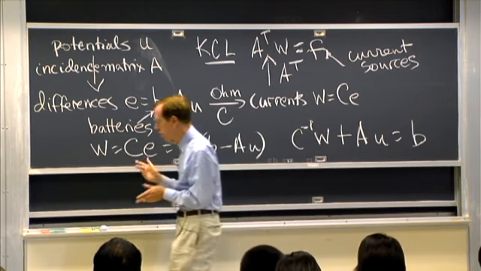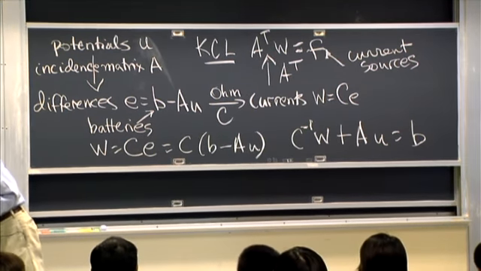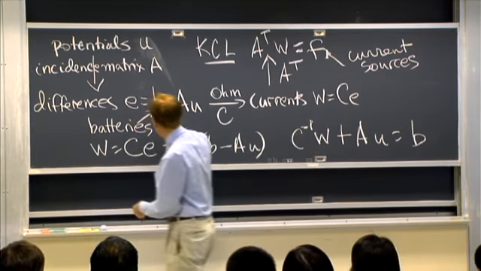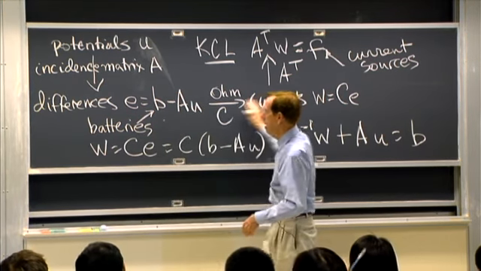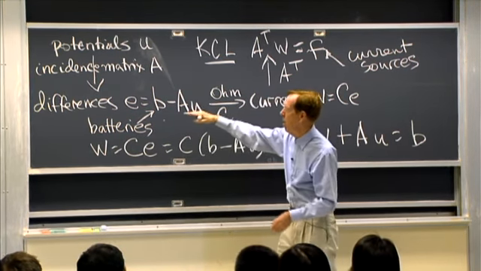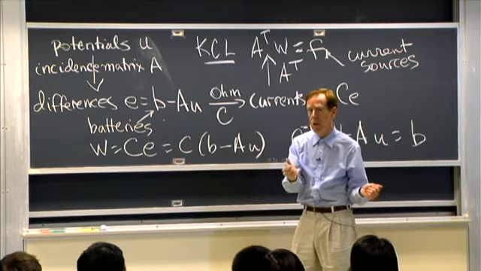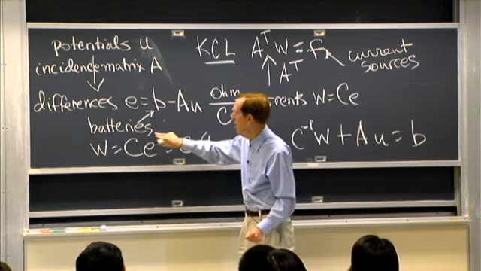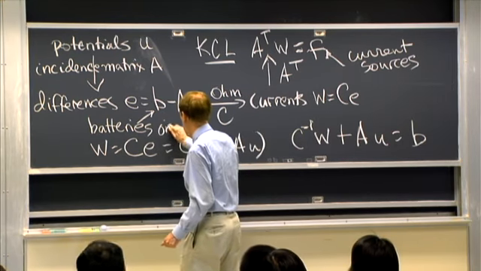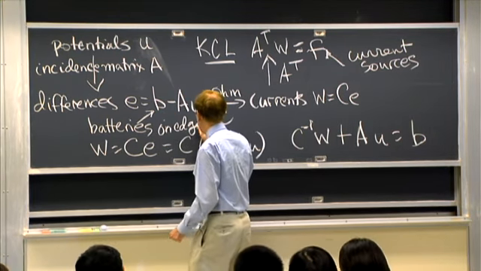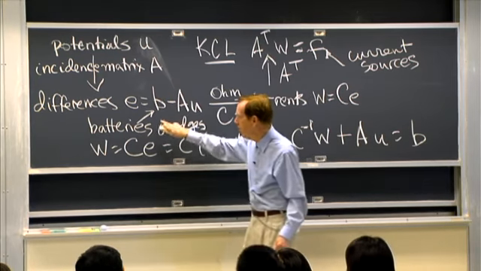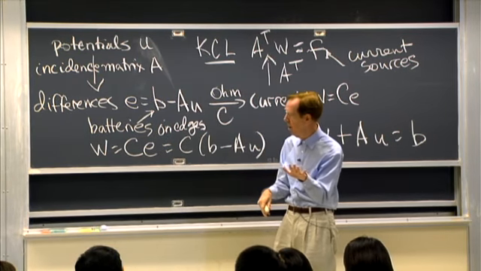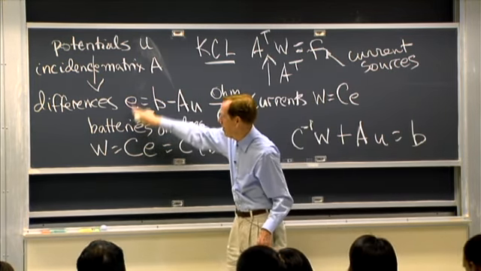So let me draw what these B's represent. This second lower row is about edge equations, edge variables. So those batteries B are on the edges, and B has length 5. There are 5 edges.